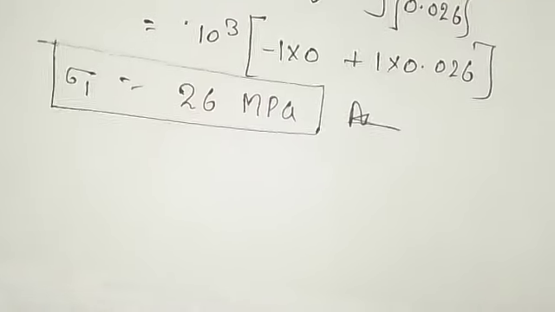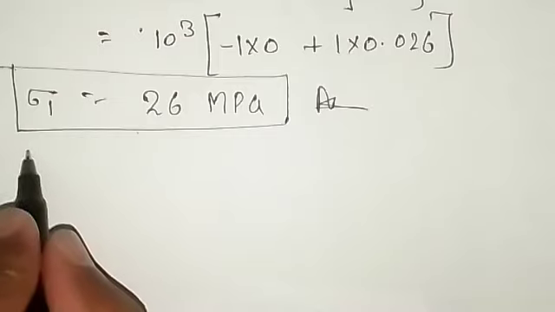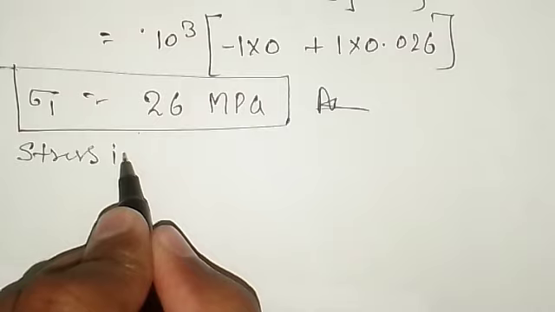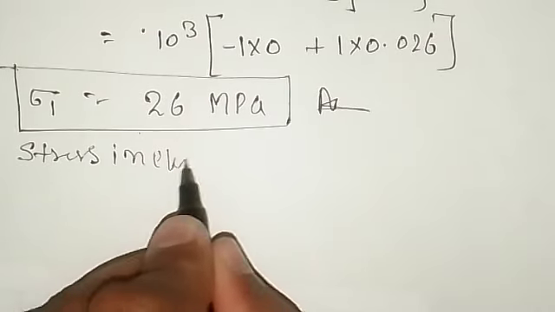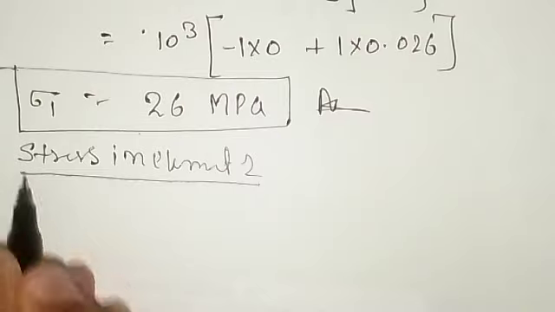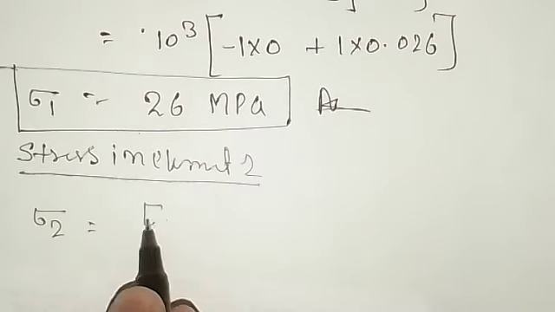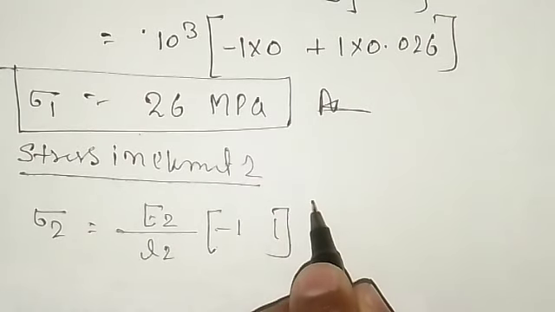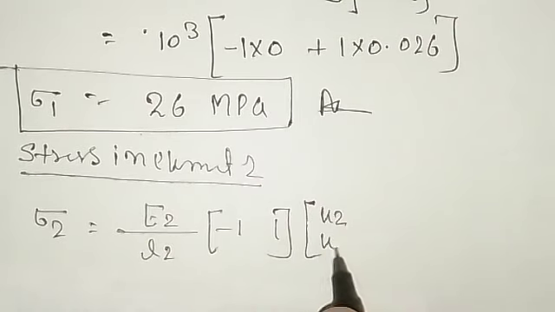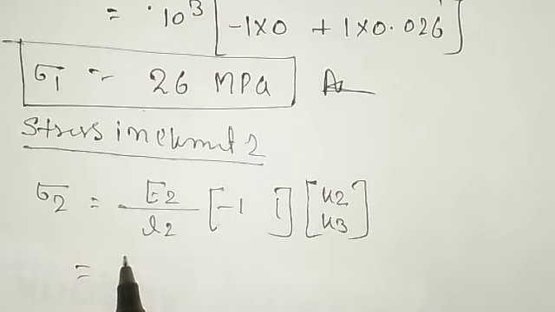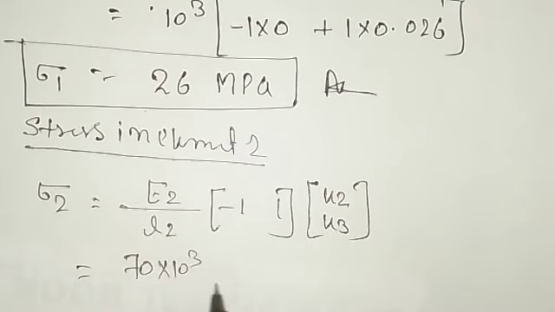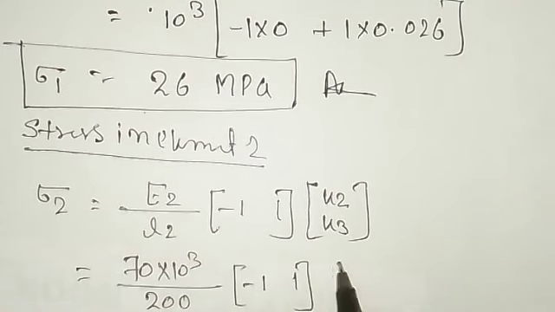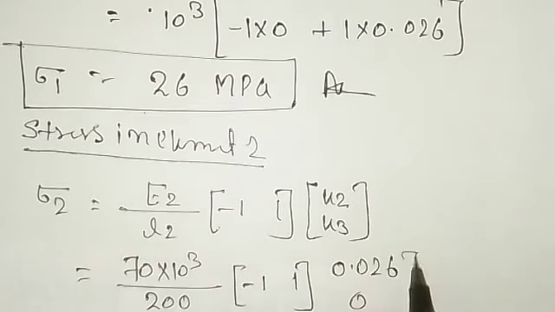Similarly, we will find the stress in element 2, right? So what is that stress? Sigma 2 is equal to E2 by L2 times [minus 1, 1], and this is connected between 2 and 3, so this is U2 and U3, right? So E2 is 70 into 10 to the power of 3 by L, which is 200, [minus 1, 1], and U2 is 0.026 and U3 is 0.